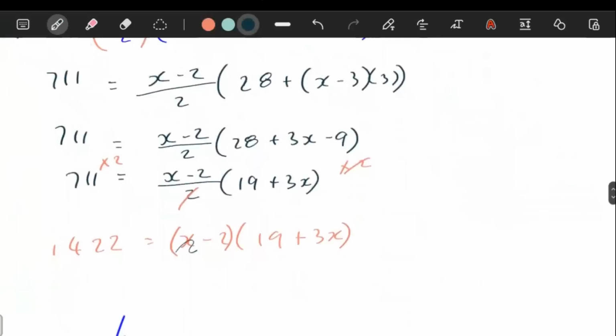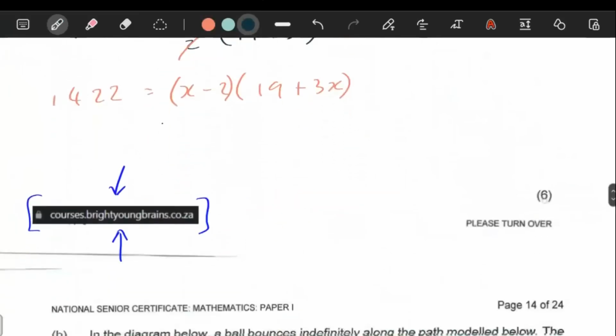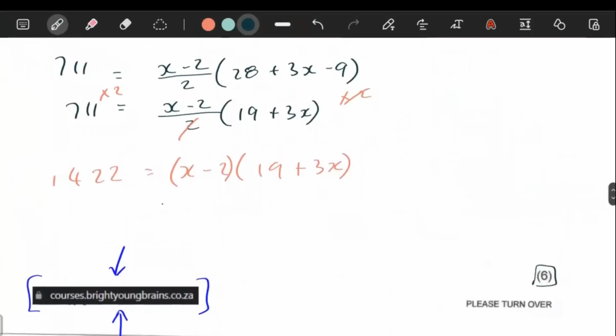So here, we have to obviously multiply out this here. What's the mark allocation? It's a 6-mark question, so it's okay. So x times 19, 19x, x times this, 3x squared, this times this. What is negative 2 times 19? It's negative 38.